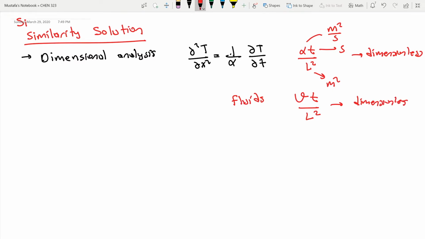In mass transfer, some of you are already taking this class, diffusivity times t over L squared is another dimensionless number. Okay? So now let's use this information.